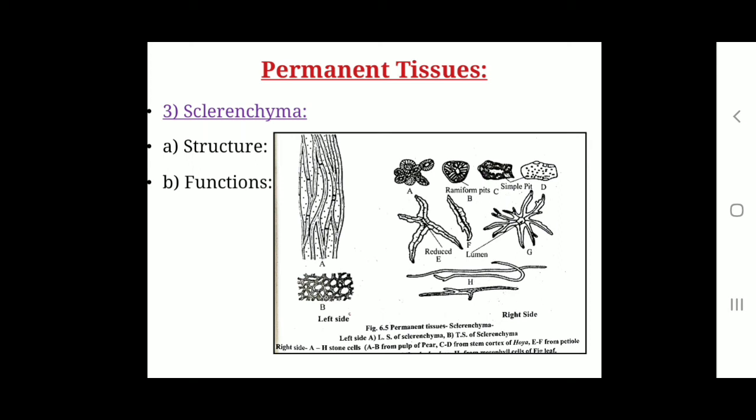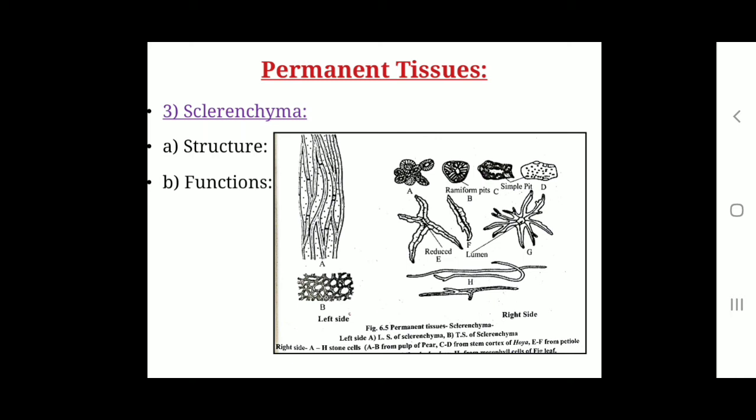The shape and size of cells of sclerenchyma show variations, thus they may be placed into two groups. Very much elongated cells are called sclerenchyma fibers, while short cells that are isodiametric or irregular are known as sclerites or sclerotic cells. The sclerenchyma fibers are elongated, narrow with pointed ends.